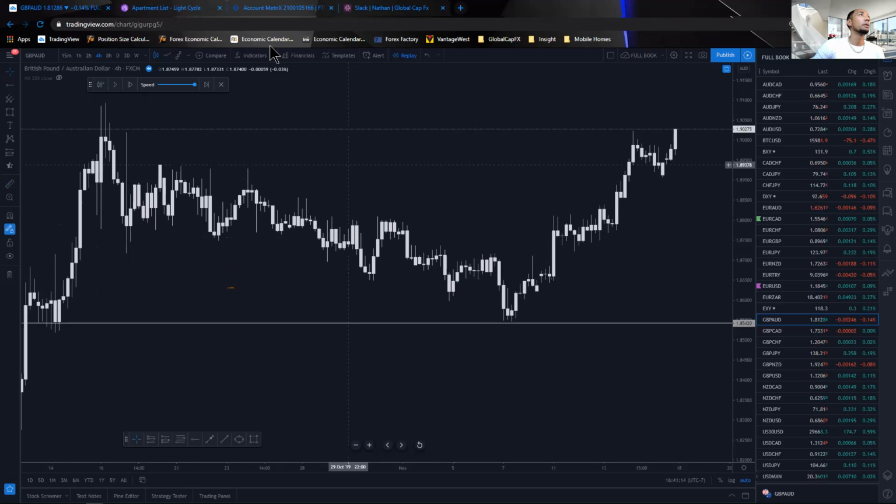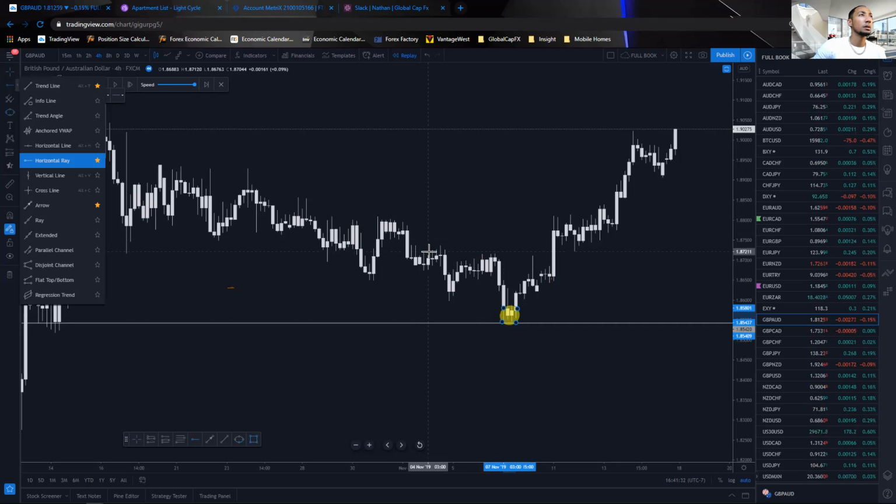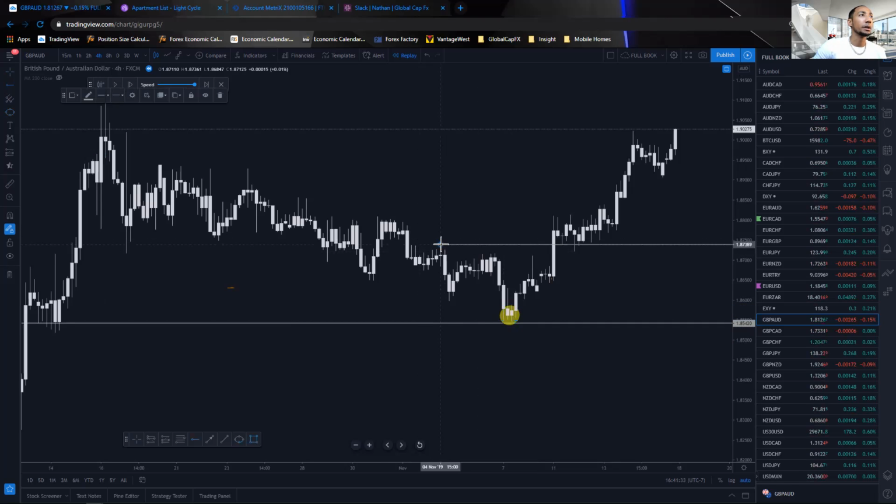Obviously right here, this would be my entry for that initial move. That'd be one. But then I also see an opportunity maybe right around here because of these wicks.